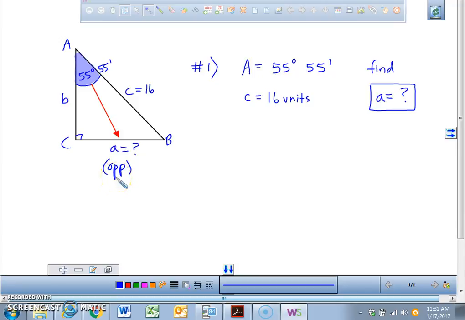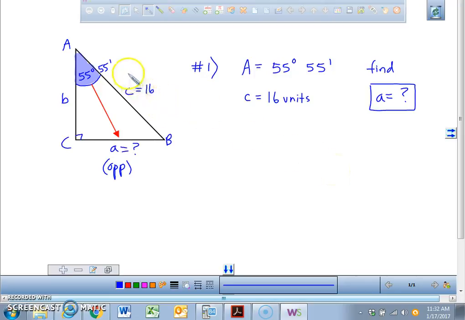But what's the very first thing that we always need to locate first in our process? The opposite side. Yes. This is the first thing we do, which is the opposite side of the angle that we're referring to. Then, that's the reference angle.